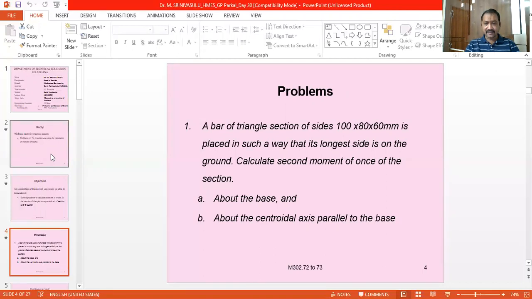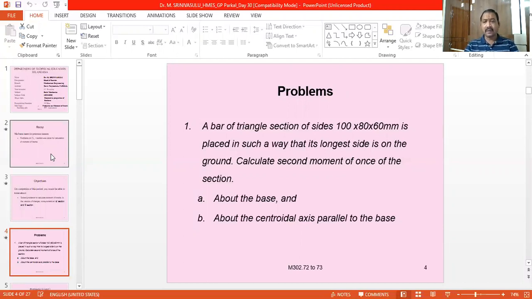Calculate the second moment of inertia of the section. The second moment of force is nothing but the moment of inertia of the section. A, about the base, and B, about the centroidal axis parallel to the base. So this is the problem given.